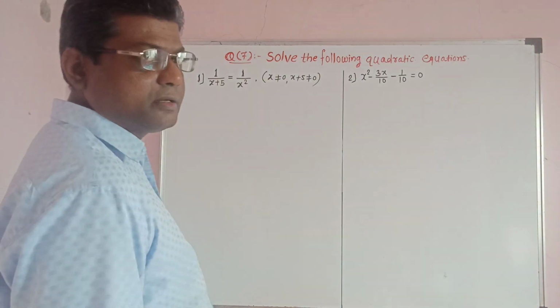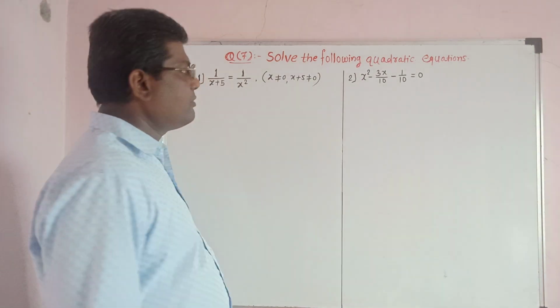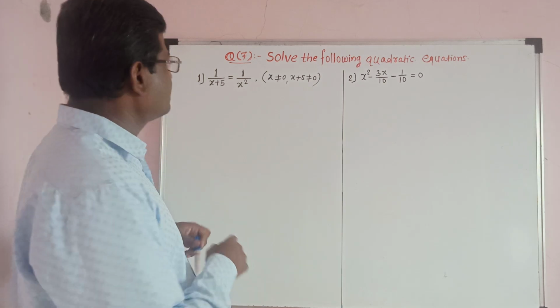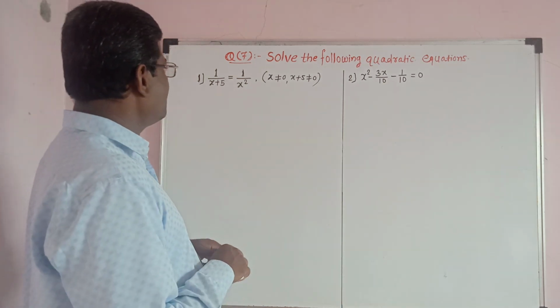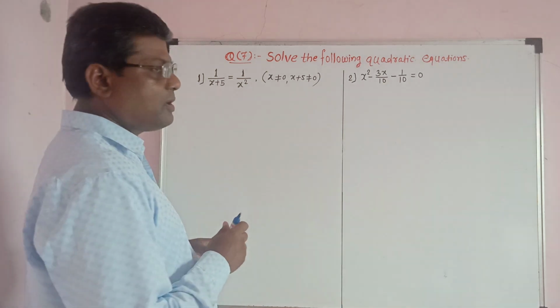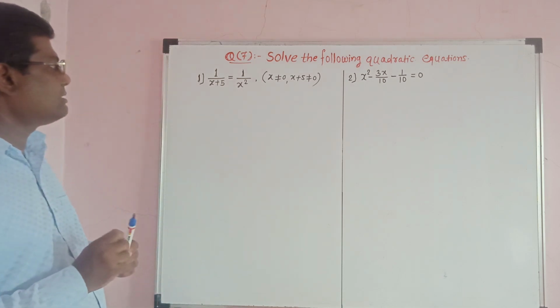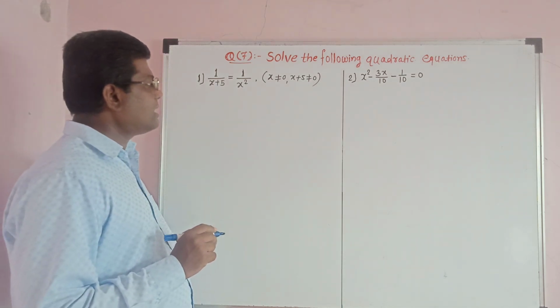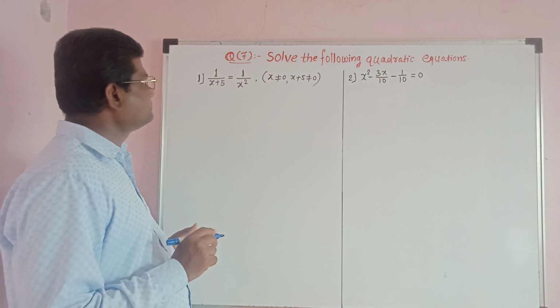Question number 7. Solve the following quadratic equations. Example number 1. 1 upon x plus 5 is equal to 1 upon x square.